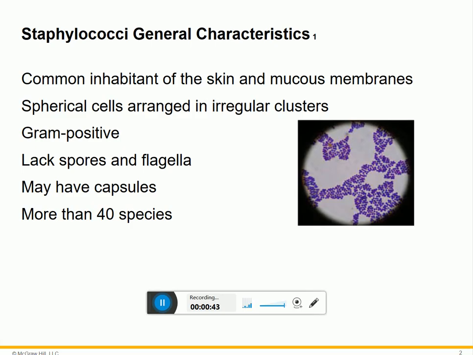They are gram-positive, arranged in clusters of spherical cells. They do not make spores and do not have flagella. Some species have the ability to make capsules, and we're not going to learn about all 40 species, but there will be mention of some of them.